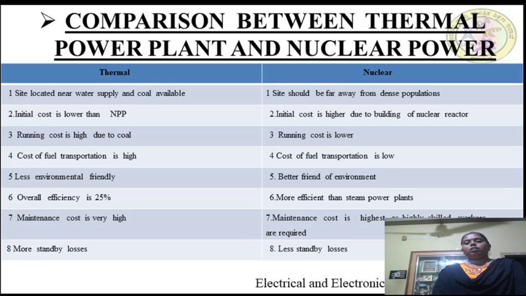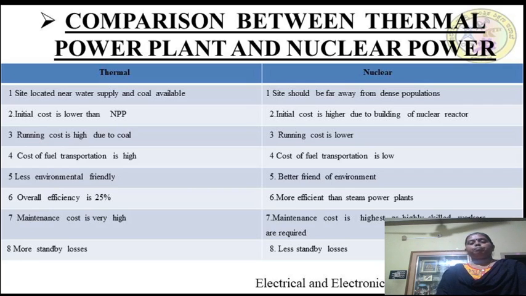In the nuclear, initial cost is higher due to building of nuclear reactor. Third one, running cost is high due to coal. In the nuclear, running cost is lower.